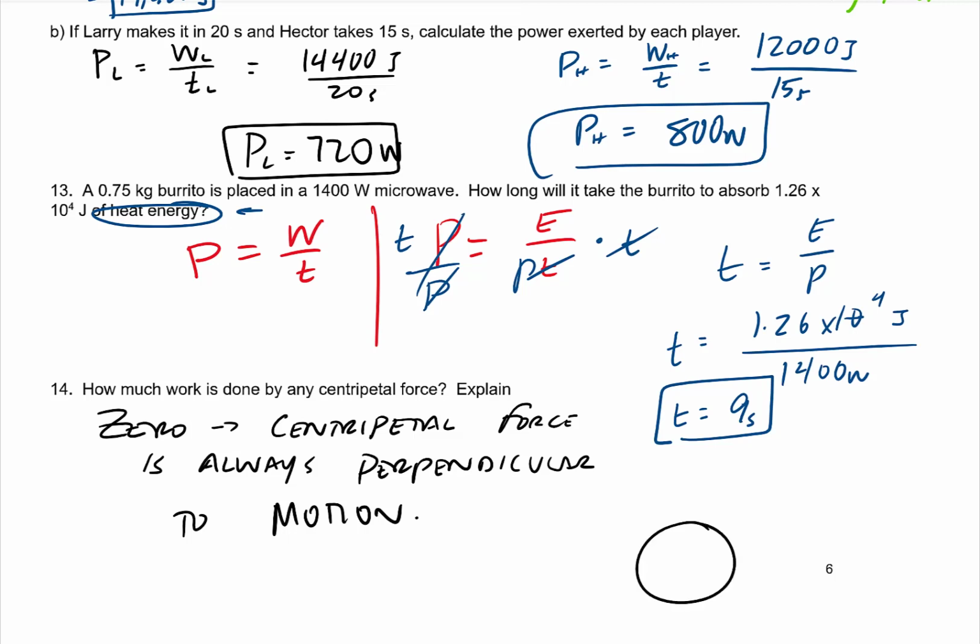So if we look at a circle, the velocity or our motion is always parallel to the circumference of the circle. And we said that the centripetal force always points in. Those two are at right angles to each other. If a force is perpendicular to the motion, no work is done.